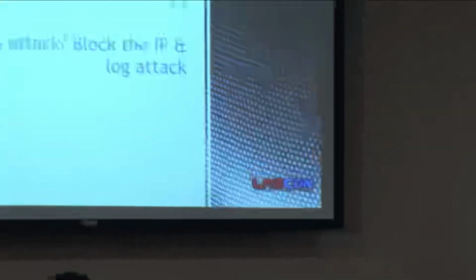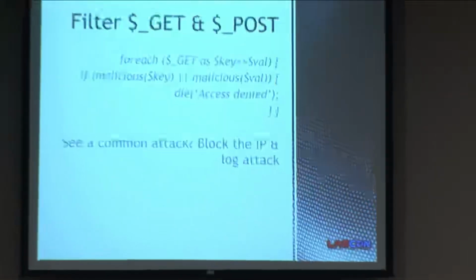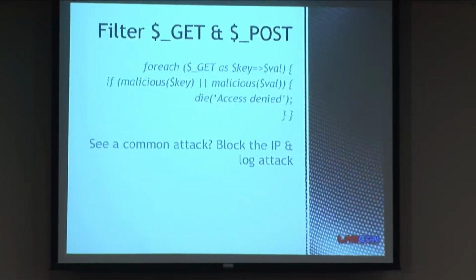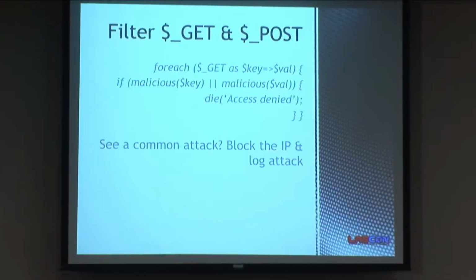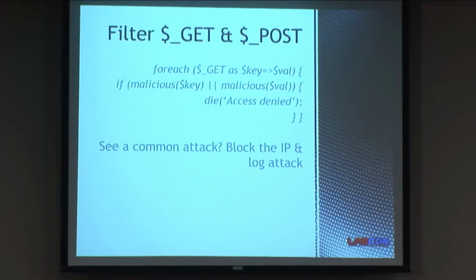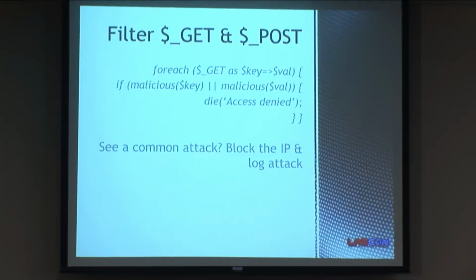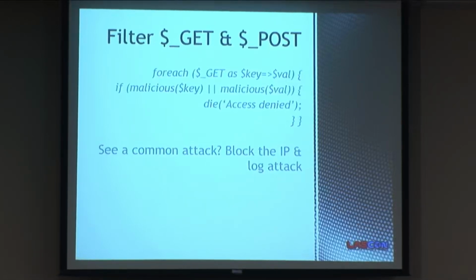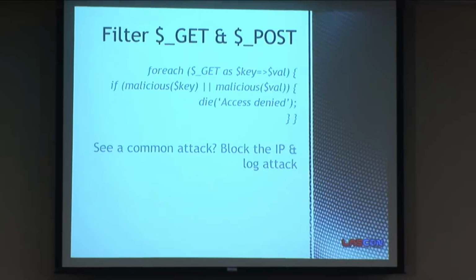All right, GET and POST. They may be file uploads as well to your server, but it's super easy to intercept these before they ever touch your application. Now, if you see calls coming into your application that are obviously structured like a SQL call, and there is zero reason for your application to be seeing that code, why not simply filter it out before your application ever touches it?